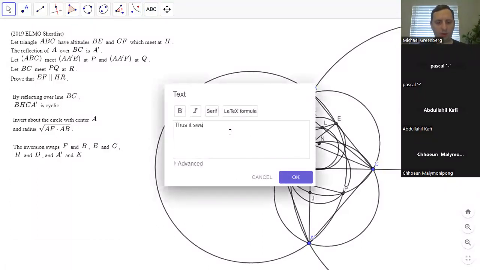So thus it swaps ABC and the line EF, and also it swaps AEA prime with the line CK, and AFA prime with BK.